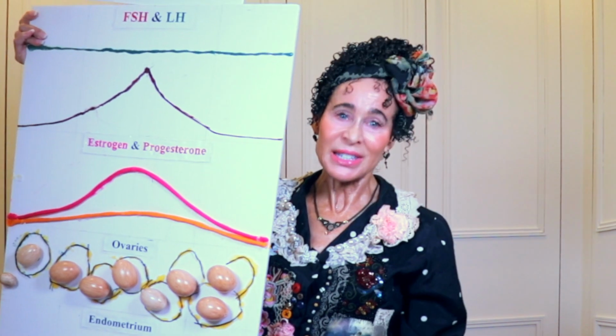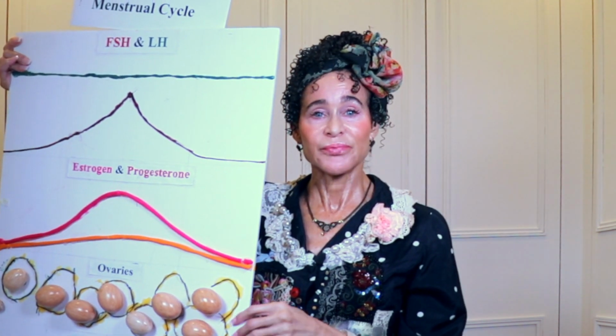I explained this in detail in the last video. Second, your total and free testosterone are high. This just means that you have too much testosterone, period. And third, your hemoglobin A1C is high. Hemoglobin A1C is a measure of insulin levels over a 3-month period of time.